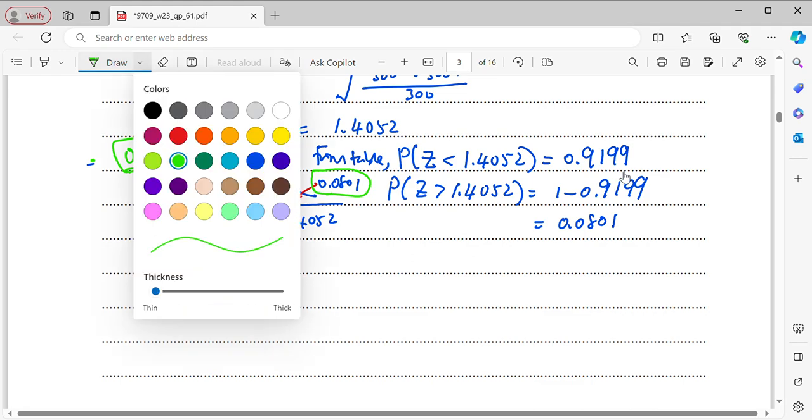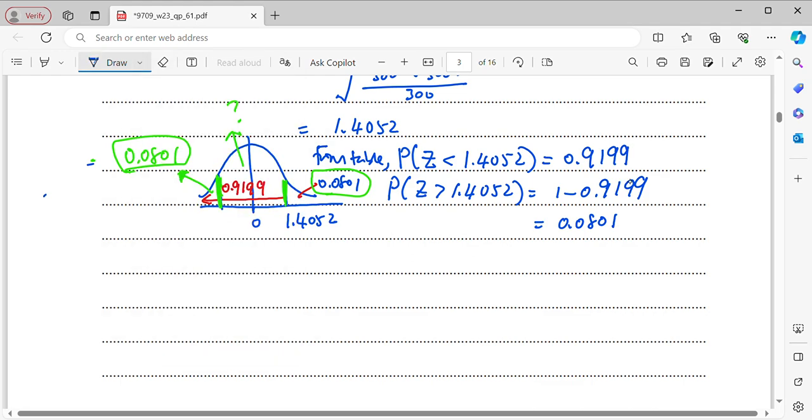So from here I will say alpha percentage, the total is 1 minus these two regions. That will be the middle region. So it will be 1 minus 2 of 0.0801. And then since we need to find percentage, I times 100%.